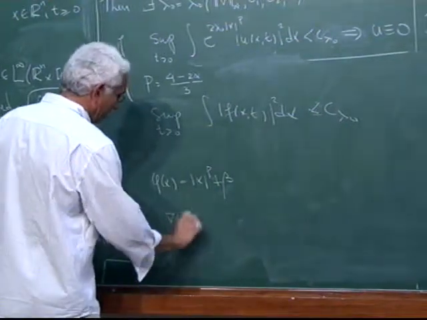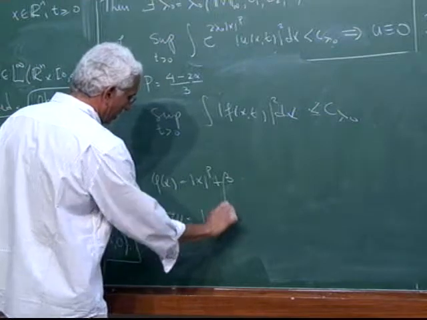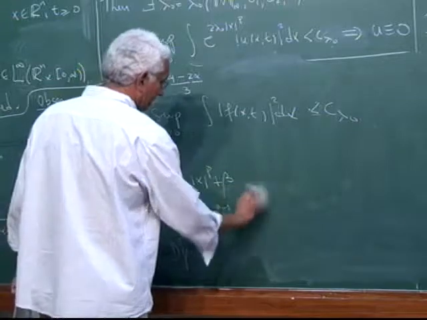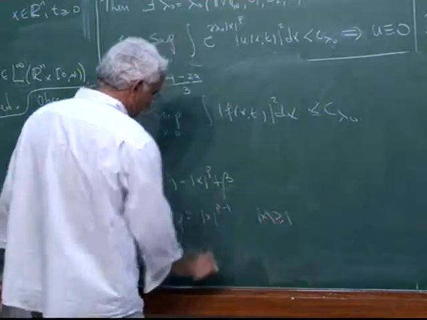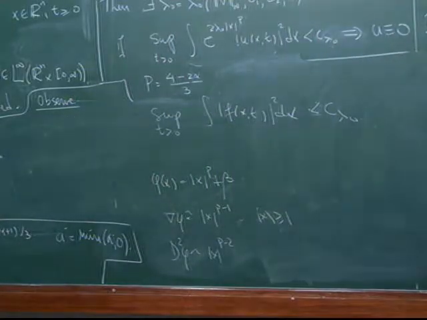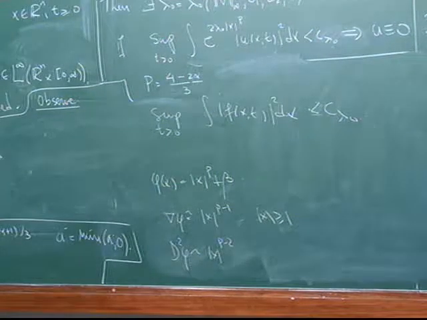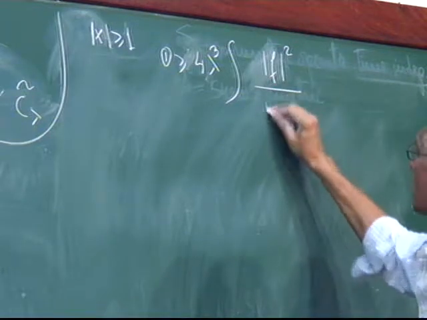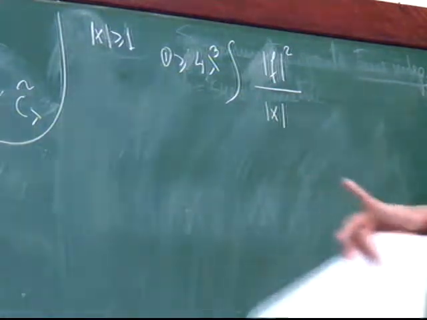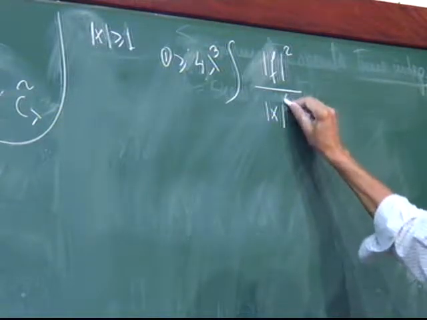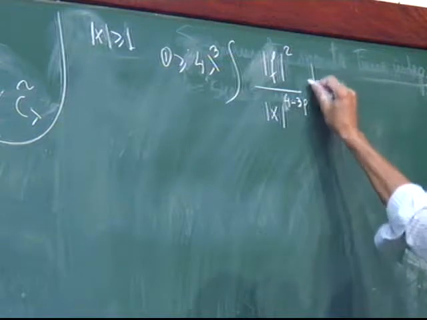Therefore, the gradient of phi is x to the p minus 1, and the second derivative, for all practical purposes, for x more than 1, is x to the p minus 2. Therefore, all this is like f squared x to the power 3p minus 4, dx dt.